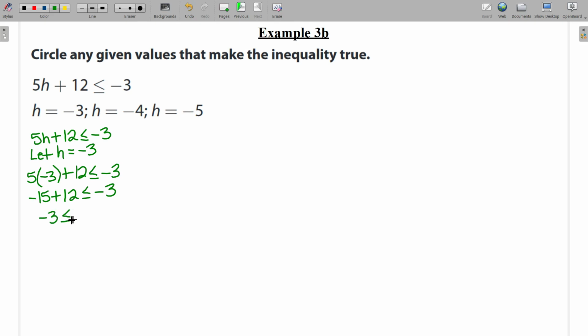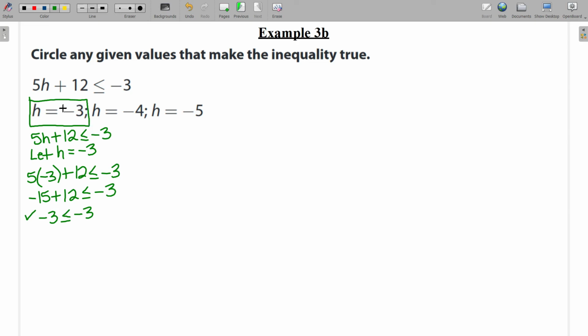And then my sign is less than or equal to negative 3. Now looking at this, negative 3 less than or equal to negative 3. This indeed does make a true statement with the equal to part. So we would go ahead and put a circle or a box around that to signify that that is one of our values that makes that inequality a true statement.